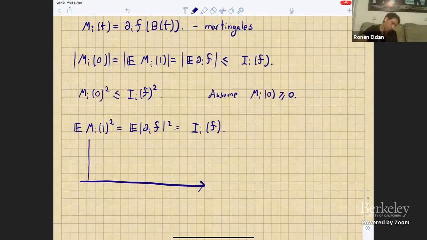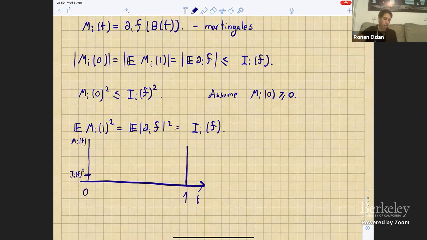The picture looks like this. m_i of f is a martingale such that at time 0, this martingale is equal to the ith influence squared.